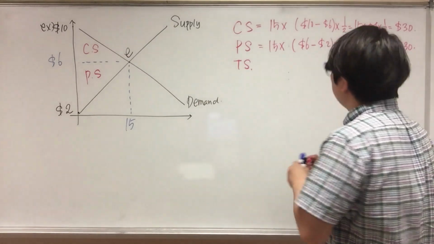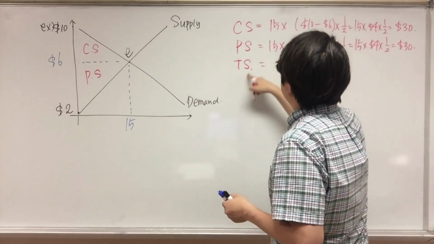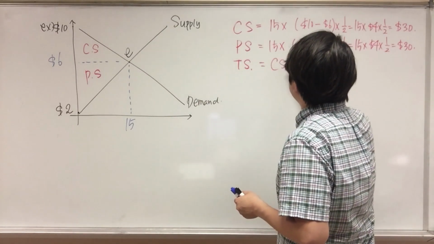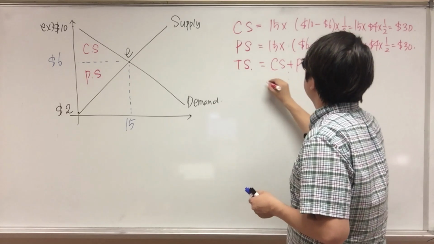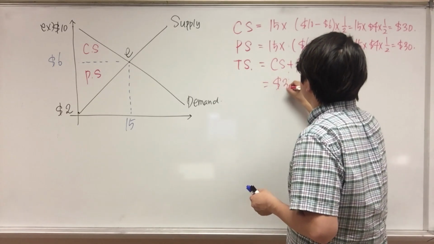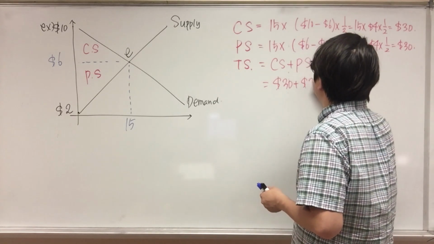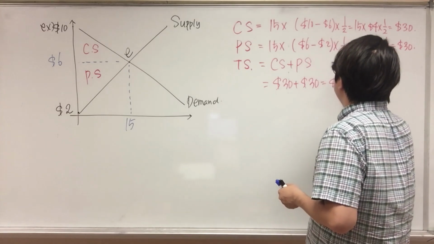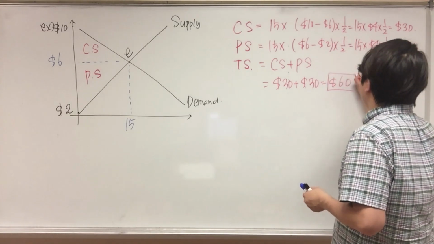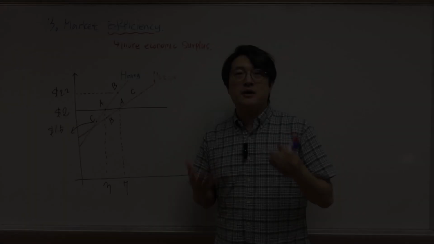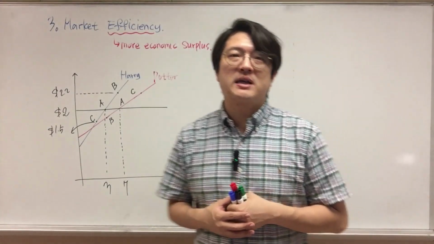So total surplus is consumer surplus plus producer surplus. So $30 plus $30, we have $60.